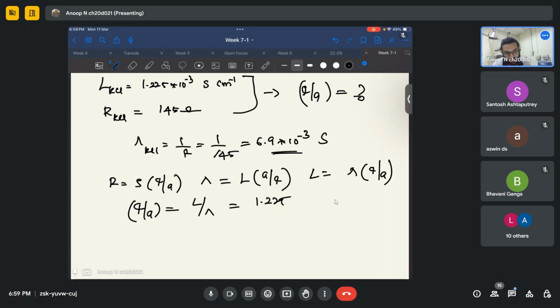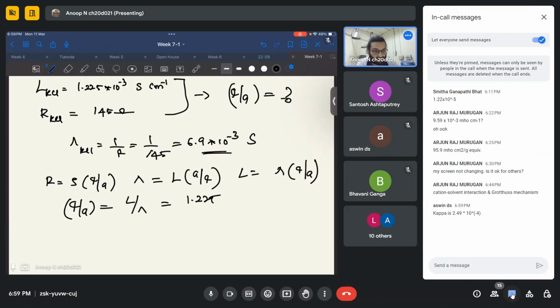So what is kappa? Can I check the unit? You have to mention the units, then only I will understand. Okay, that is what I am representing as kappa. So it will be 1.225 into 10 raised to minus 3 divided by 6.9 into 10 raised to minus 3.